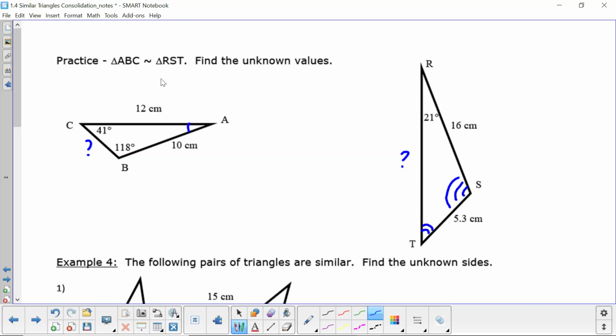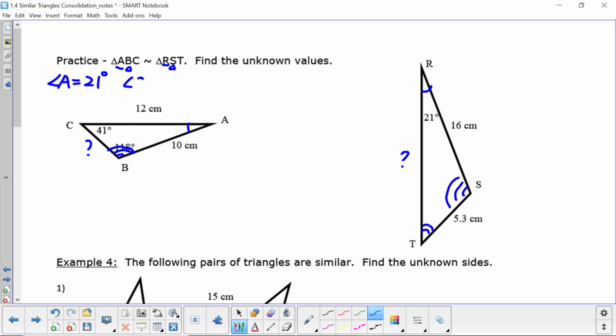Okay, so now we see triangle ABC is similar to triangle RST. So angle A corresponds to angle R. So now we know angle R equals 21 degrees. Then angle B corresponds to angle S, marked with 3 arcs.